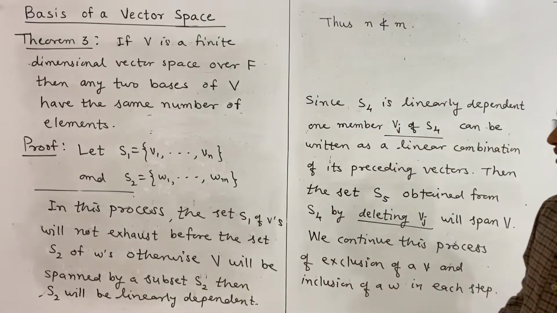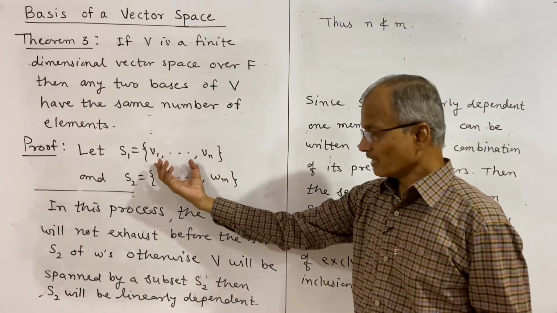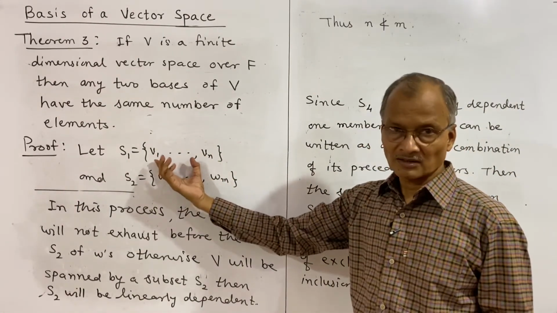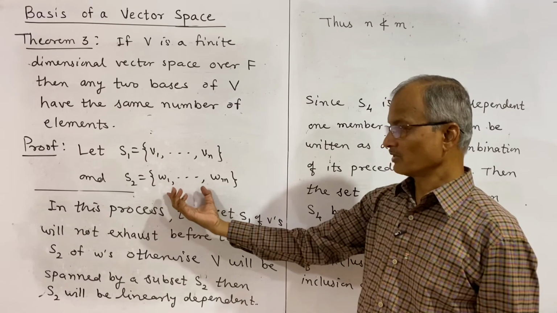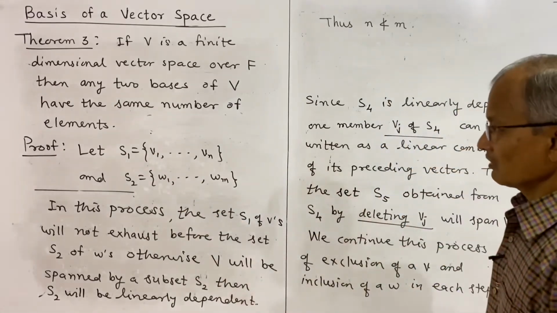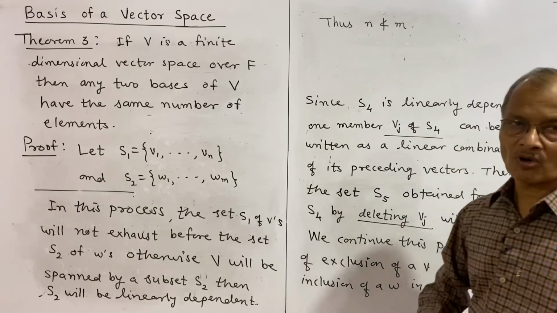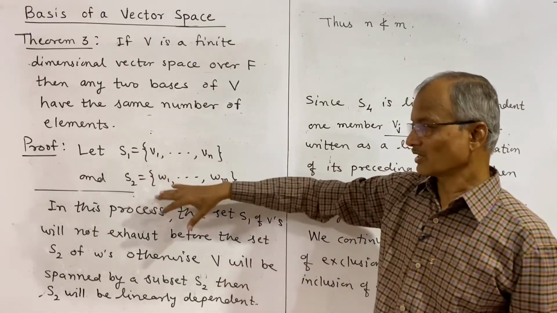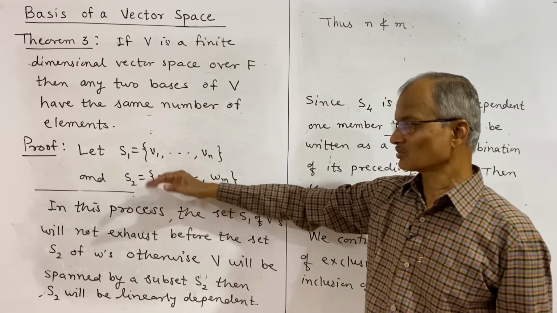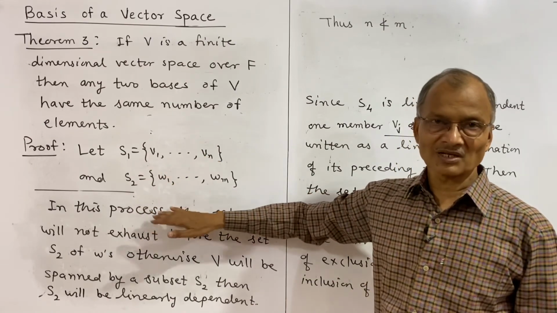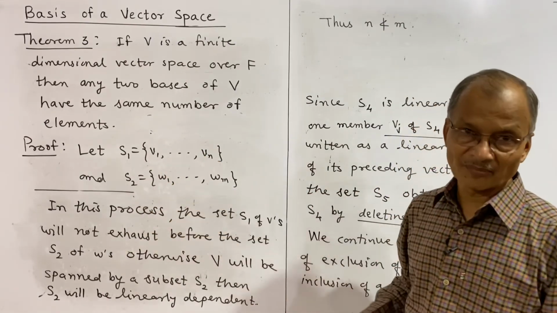So the number of elements in S1 is not less than the number of elements in S2, that we have proved. Now what we shall do is interchange the roles of S1 and S2. Interchange means in place of S1 consider S2, and in place of S2 consider S1, and repeat the same process.